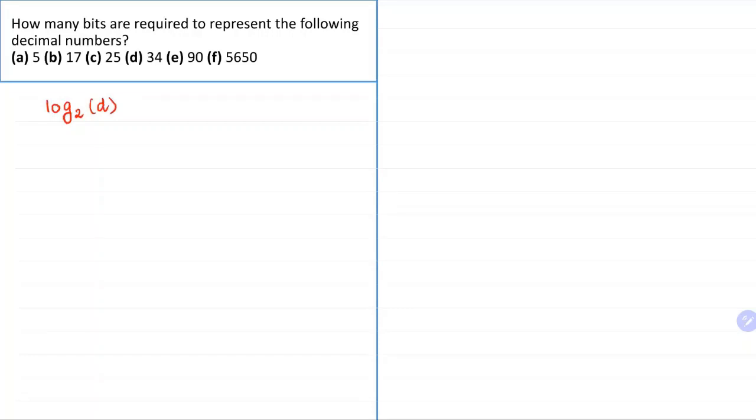But this will give us fractions, so it has to be higher than that number. We want that to be a whole number, so it has to be greater than this value. So use capital D here.